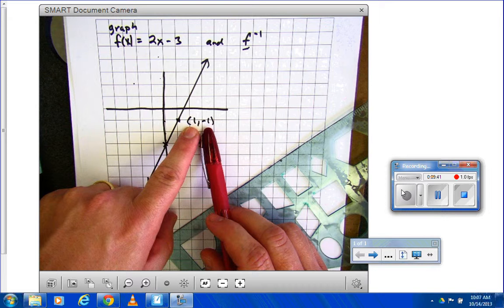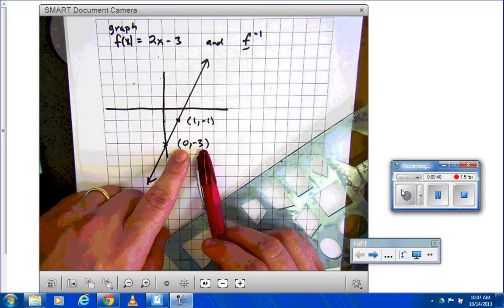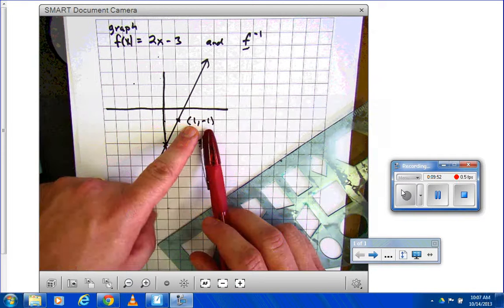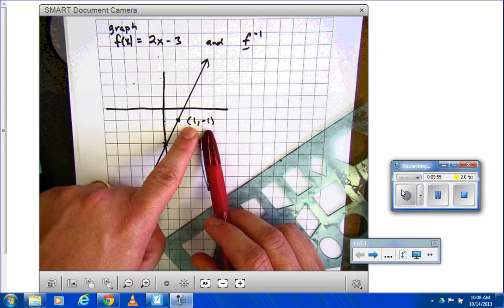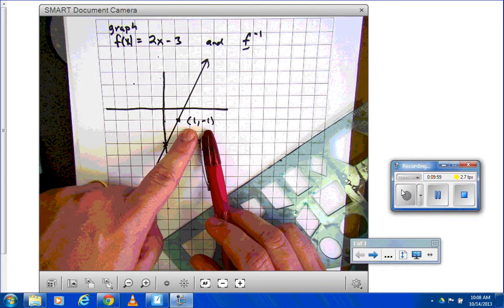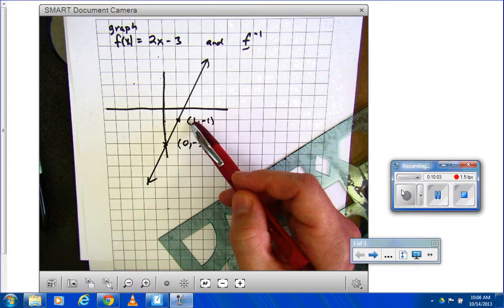Right, so just take the ordered pairs and switch those. Now, for some people, like when I was your age, I couldn't chew gum and walk at the same time, so I would have to write it down. So you may have to write down the actual ordered pair. Negative 1, 1, and negative 3, 0.